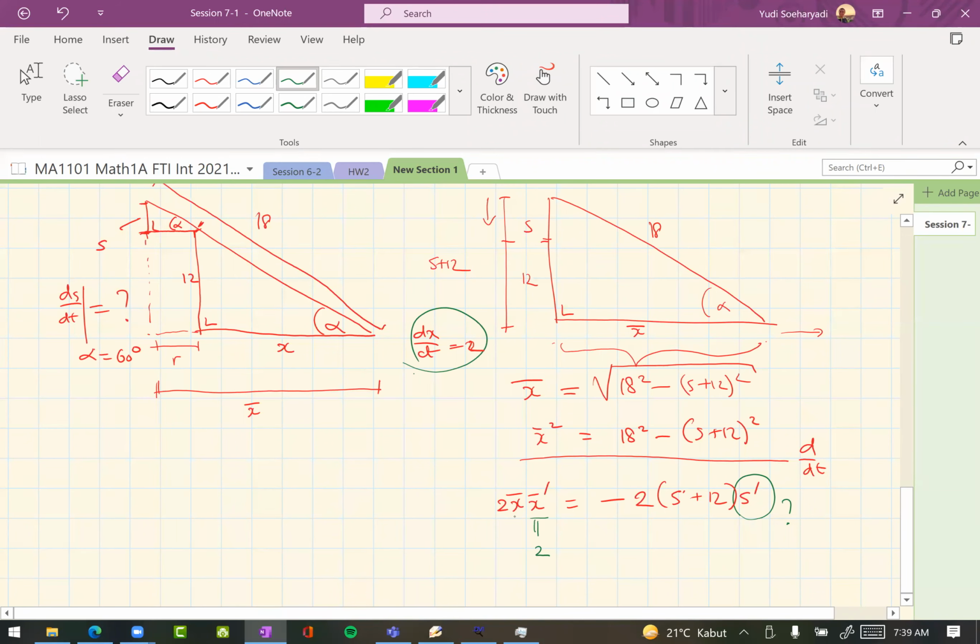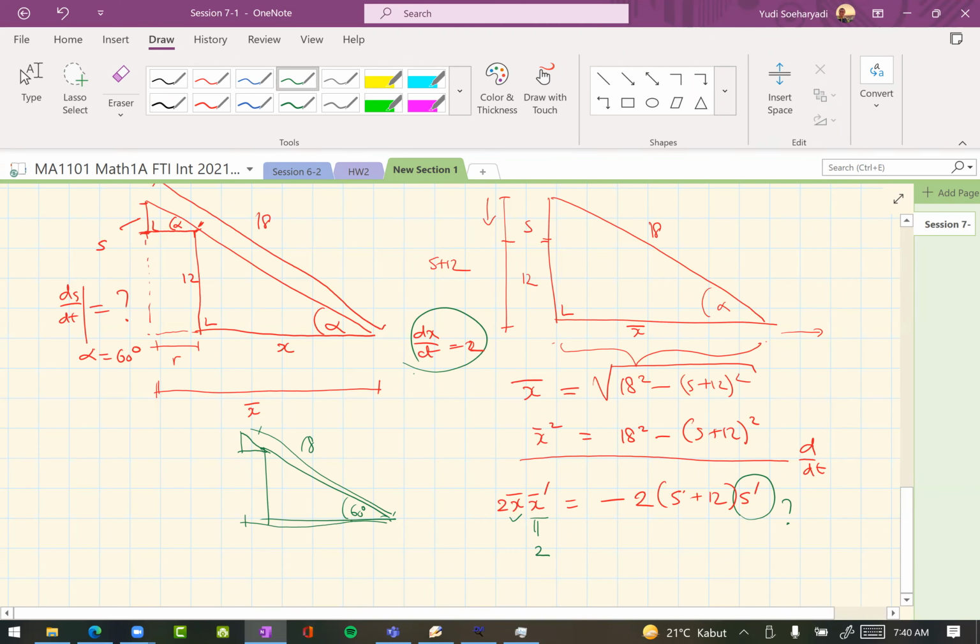We have to find this when this is the instantaneous picture, when this is 60 degrees. This is 18. So you know the length of this.